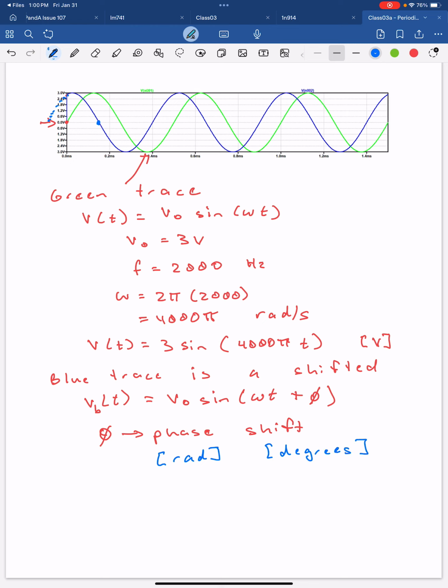Radians is the better choice because omega t has units radians, and if you're going to do this out mathematically, writing phi in radians is better if you're going to use your calculator. Though, as humans, we probably have a better feel for degrees. When we look at this signal, we notice that the blue peak comes before the green peak.